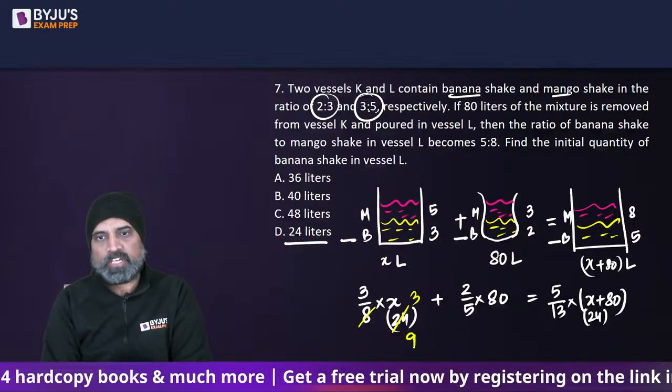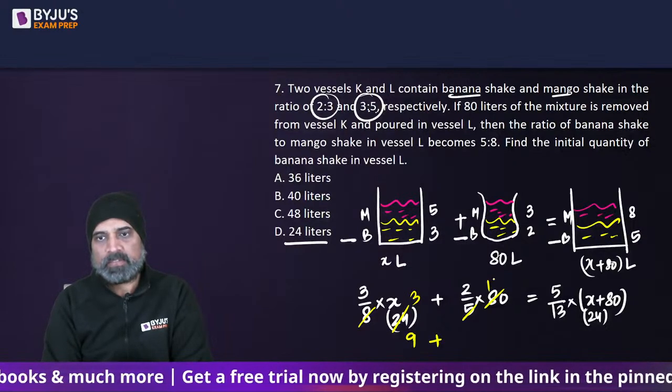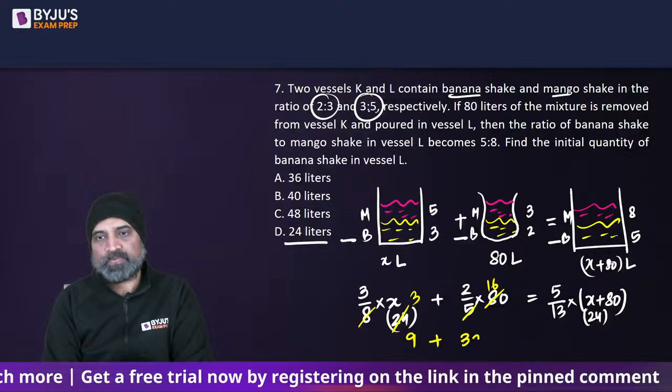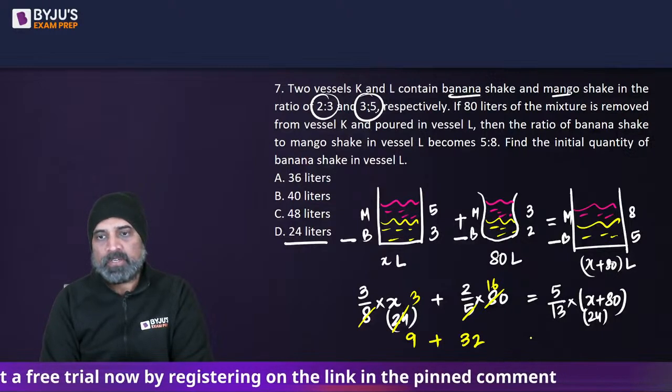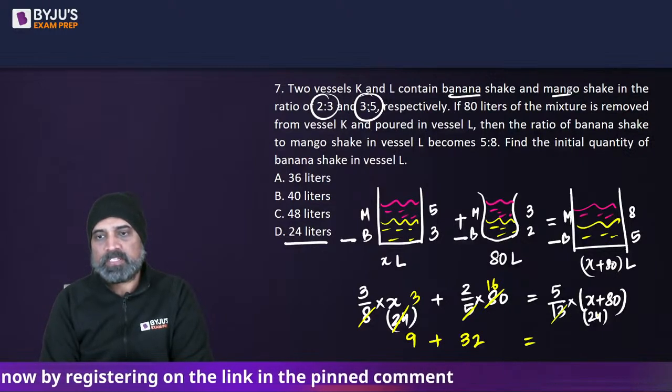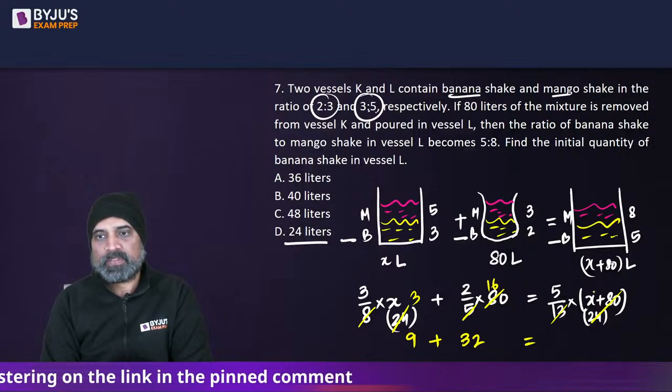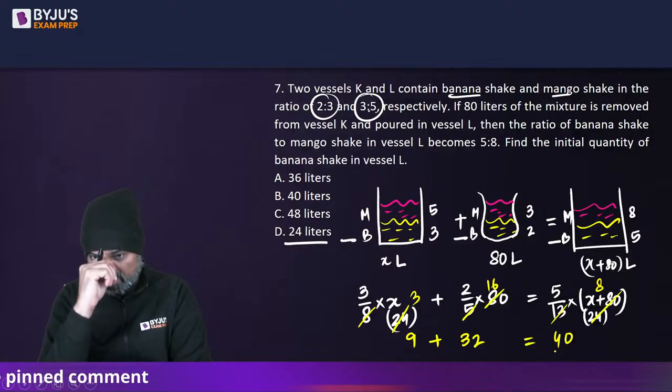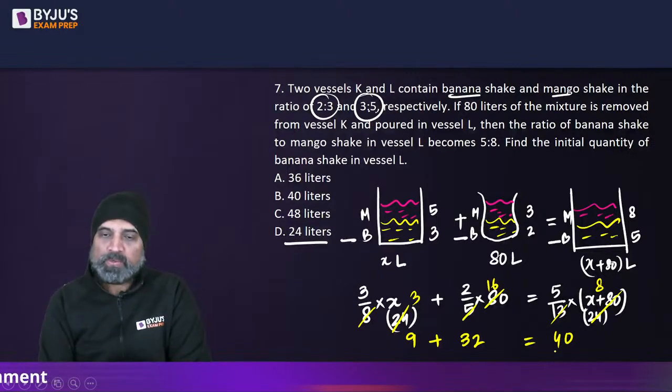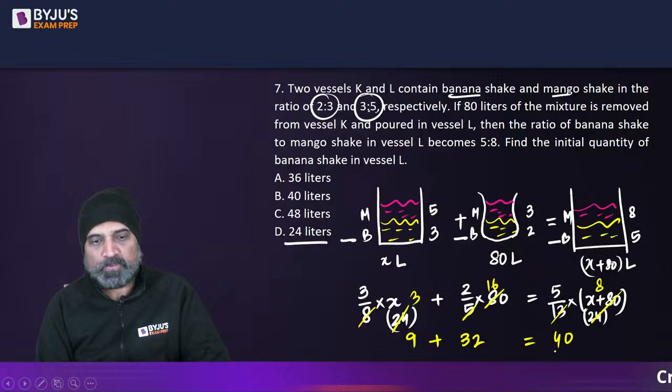So this is going to give us 9. 16 into 2, 32. And this is going to give us 8. This is 40. Oh, just missed by a small part.